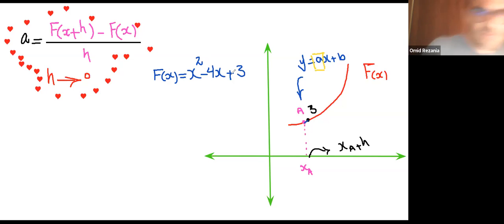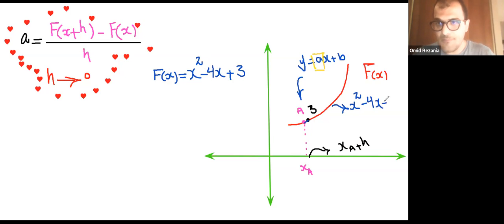This one was this. I'm just going to come here. Imagine that the plot that I have here is going to be that function, which is x squared minus 4x plus 3.